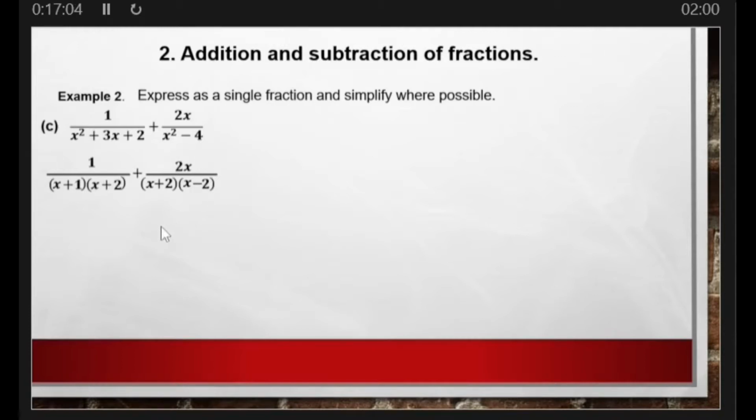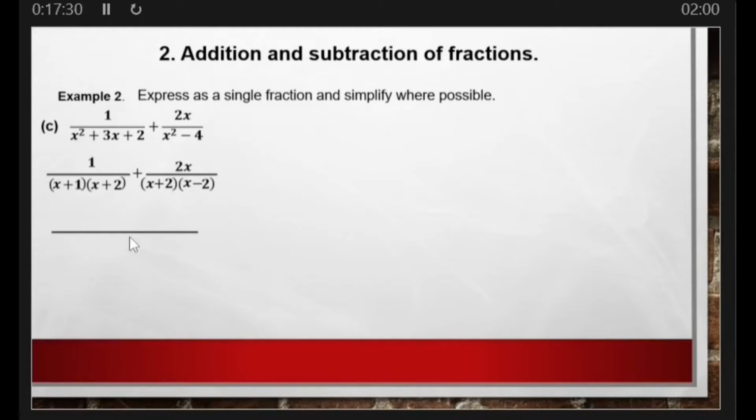Then from here, for you to express these two expressions as a single fraction, you look for a common denominator. You draw a line, and to find a common denominator you must look at the terms provided here. You pick all of these terms and put them here.